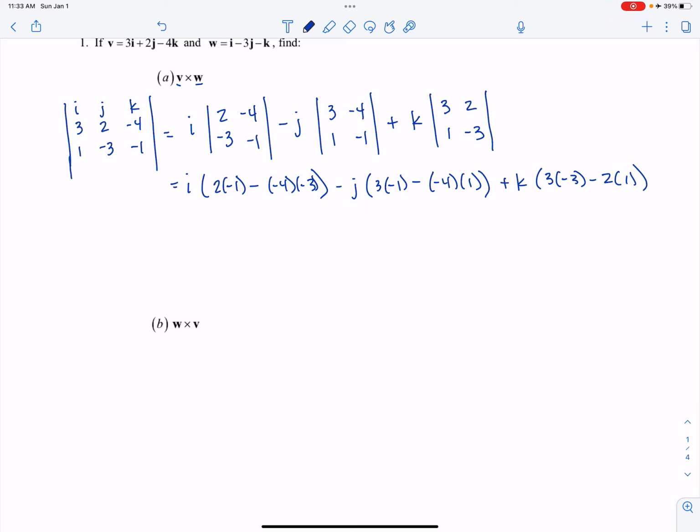We have a negative 2 minus 12. We have a negative 3 plus 4.